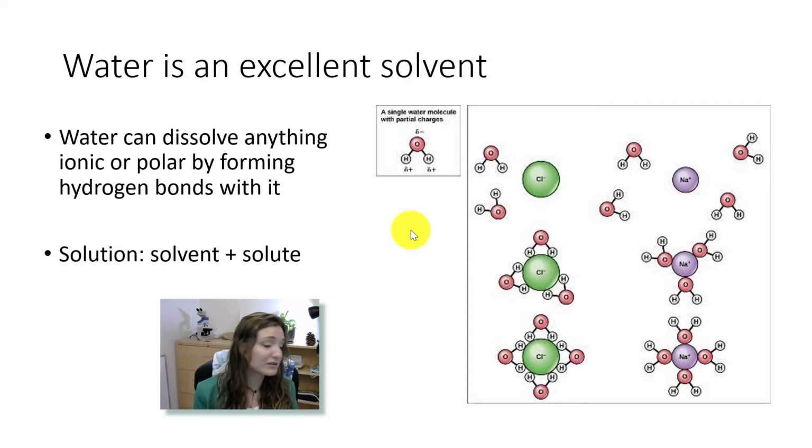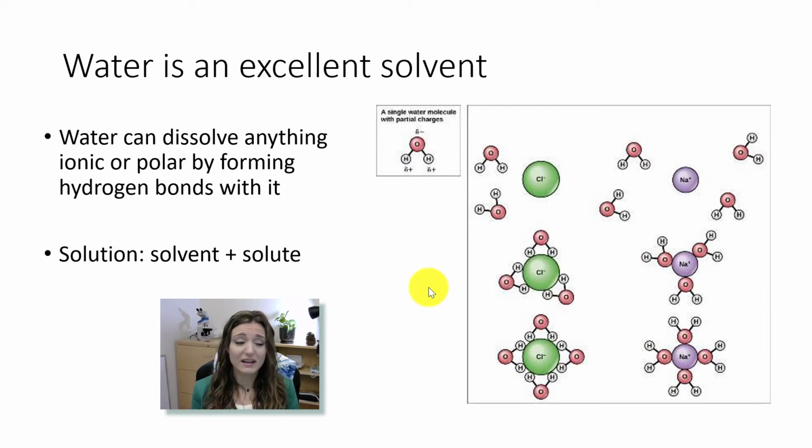I just put some creamer in my coffee, right? That can dissolve in water because it has some polar regions to it, okay? So as long as it's polar or ionic, water can dissolve it, and we would call it hydrophilic. As long as it can dissolve in water, we say it's hydrophilic. Water loving is what that means. So water is what we call the universal solvent of life.